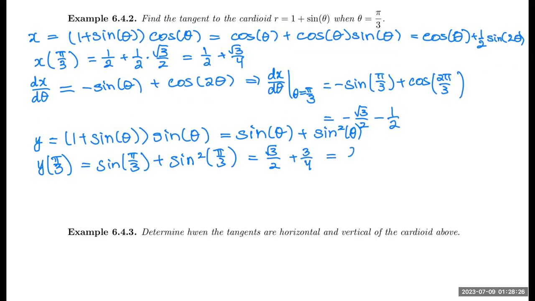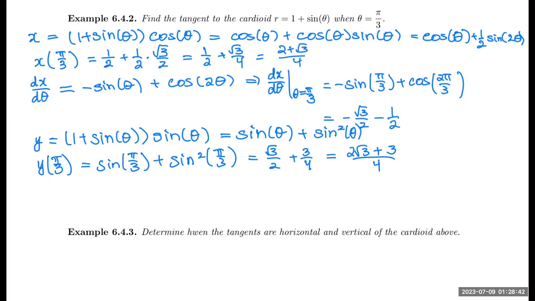So that's going to be 2 root 3 plus 3 divided by 4. Okay, so that means this one is going to be 2 root 3 plus 3 divided by 4.